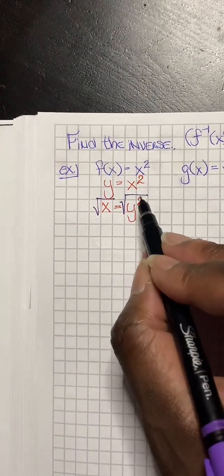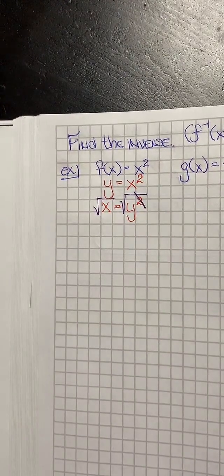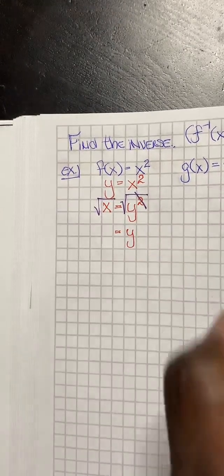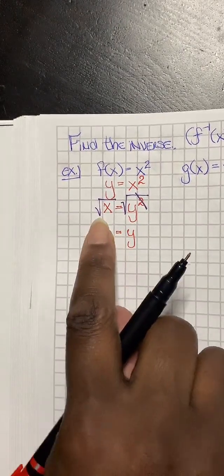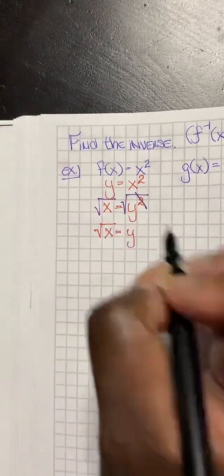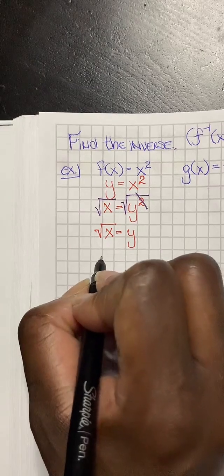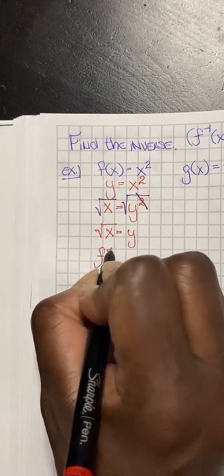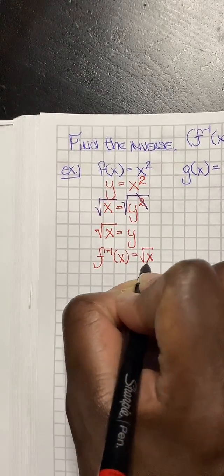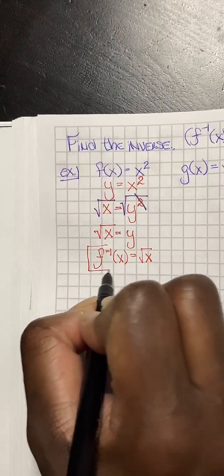So since they're inverses of each other, the square root and the square cancel out. Which leaves me with, I'm going to bring down my equal sign, and I bring down my y. So now, what's left is the square root of x. If you want to, you could switch it around, but we need to finish it off with f with the negative 1 of x is equal to the square root of x. All right. This is my answer.